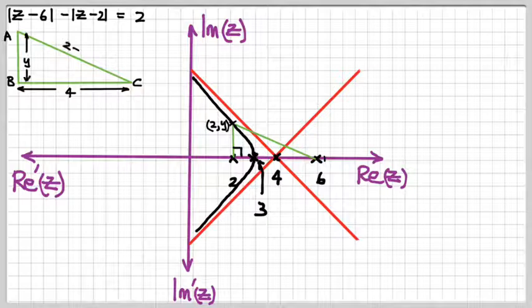The BC is 4, AB is y, and AC has to be 2 plus y because it's 2 units further from any point on the locus of the hyperbola to get back to that focus as it is to get back to this one. So if this one is y, this one here must be 2 more, because that's what the whole thing says. Now that's pretty brilliant, isn't it?